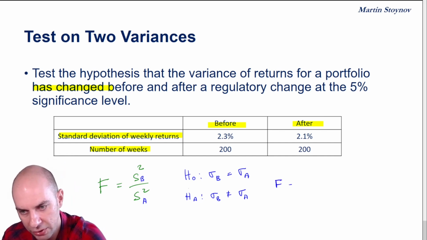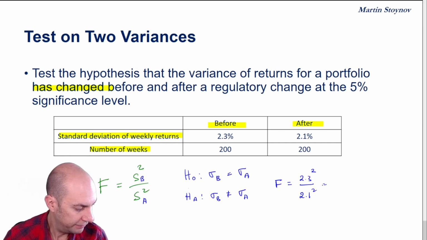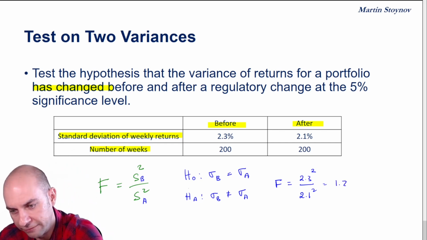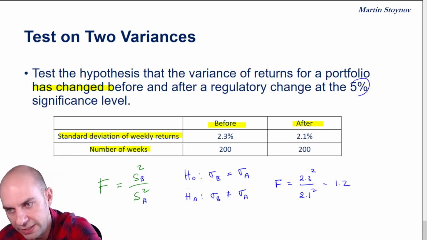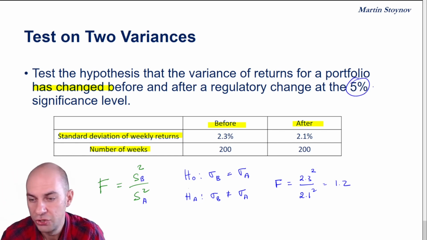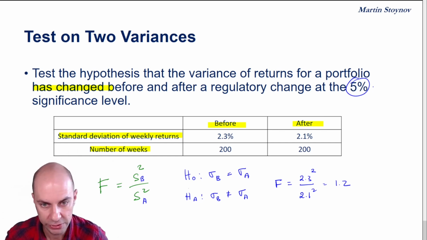Okay, so let's go ahead and do this. Our computed F statistic is going to take 2.3, that's the volatility, so I'm going to have to square it, over 2.1 squared. And that's going to give me 1.2, my friends. Remember, I'm performing the test at the 5% significance, so I'm going to need an upper and a lower critical F value. Again, we can use Excel here to get those values.